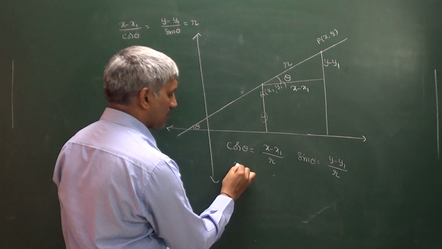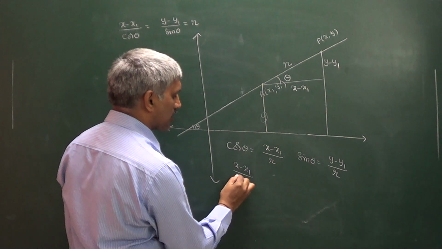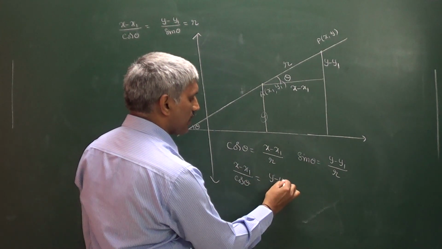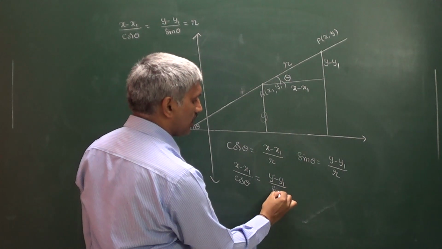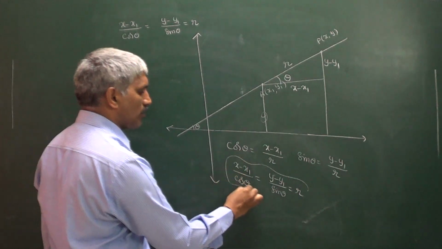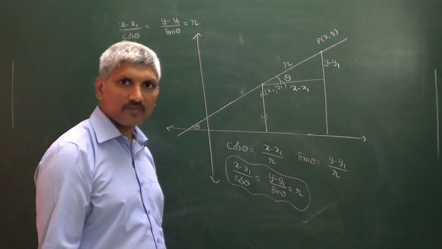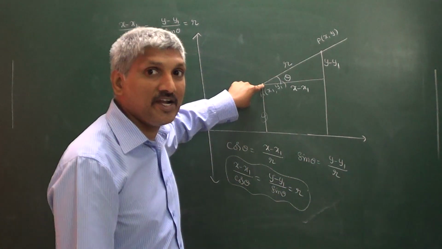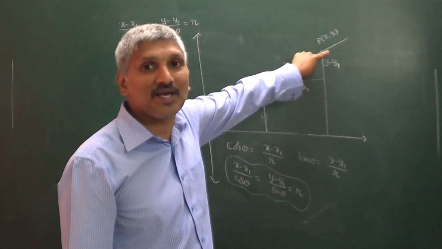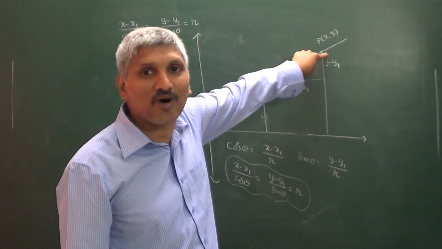So from this I can write x minus x1 by cos theta is equal to r, that is also equal to y minus y1 by sin theta, that must be equal to r, that is the distance form of a line. That means from a point (x1, y1) at a distance of r units there is a point (x, y) possible.